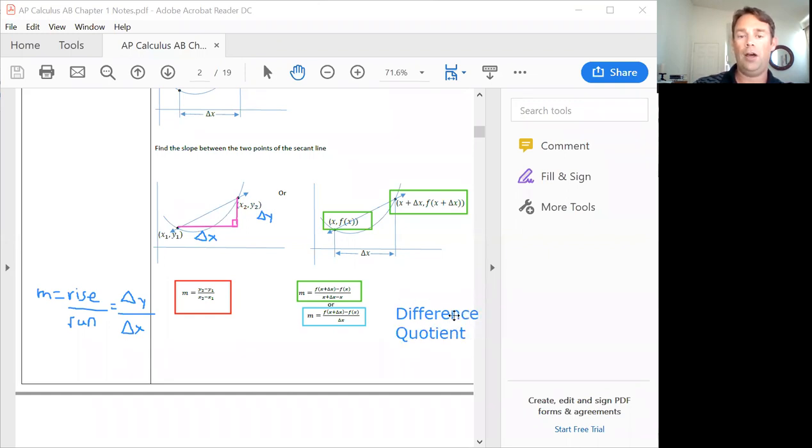So not anything totally brand new. You saw it back in pre-calculus a little bit, but we didn't do much with it at that point in time. There really wasn't much reason to. But it was this idea of f of x plus delta x minus f of x all over delta x. And it was a way for us to be able to figure out the slope of any secant line.